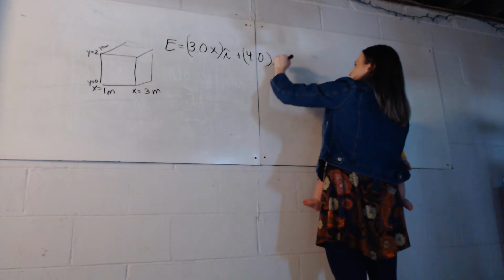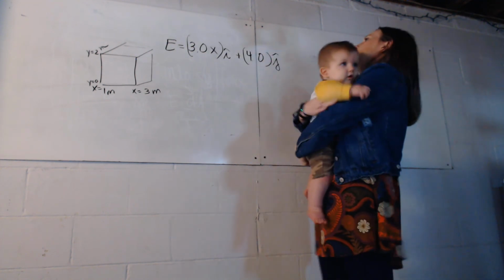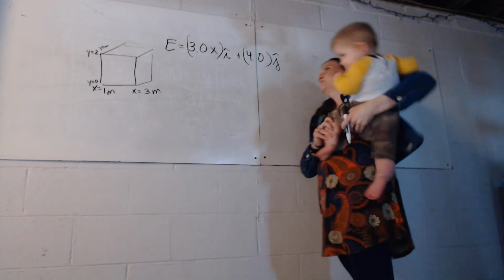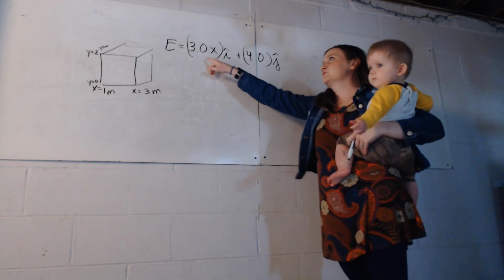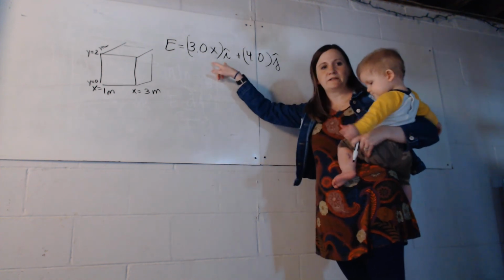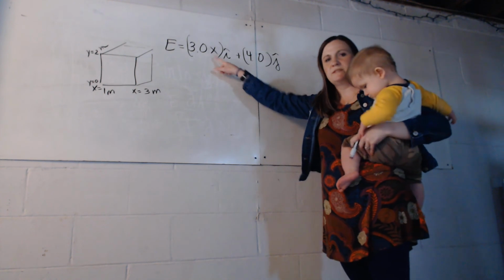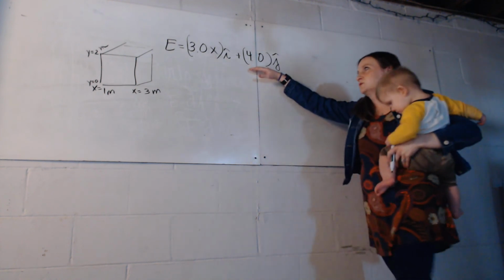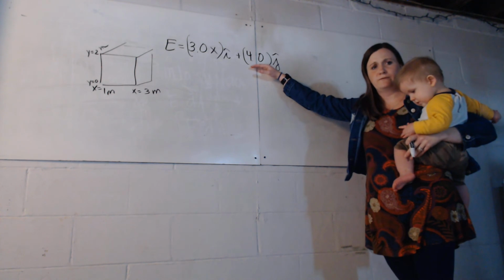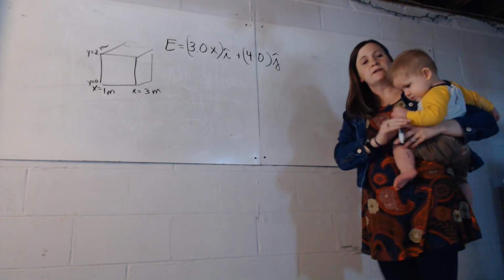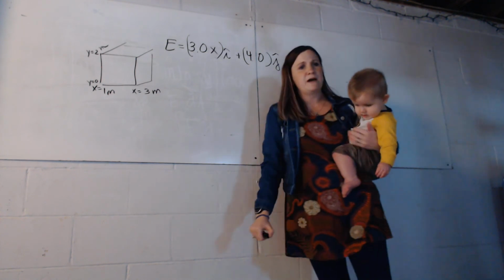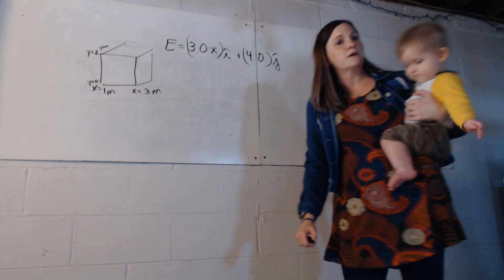So we have a non-uniform electric field given by this function. This means the electric field in x, because i is our x, changes. It's equal to 3 times x. And y is actually constant, it's just 4. So the electric field in y is constant. And there's no electric field given for z. So we just have i and j. They don't give us anything for k, so we're not going to deal with it.